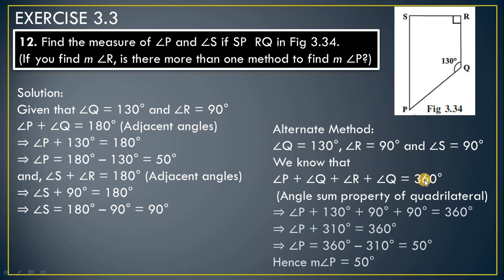Put in all three angle values and you can get angle P. This is one more way to calculate angle P, because the question asks if there is more than one method to find P. Yes, by using the adjacent angle property, or by using the sum property of a quadrilateral, you can calculate P. It's quite easy.